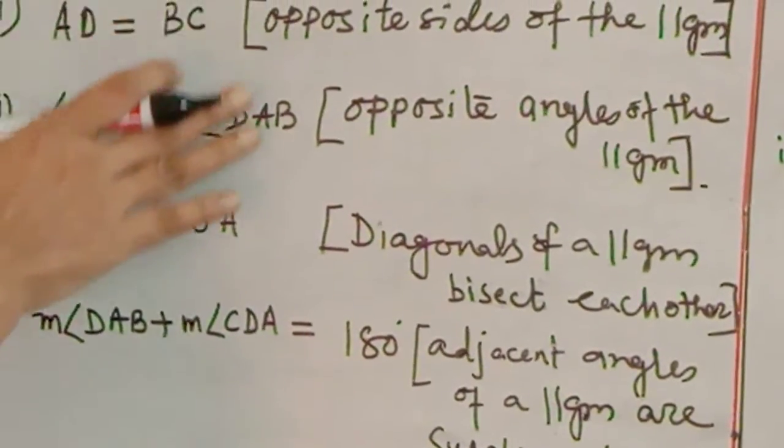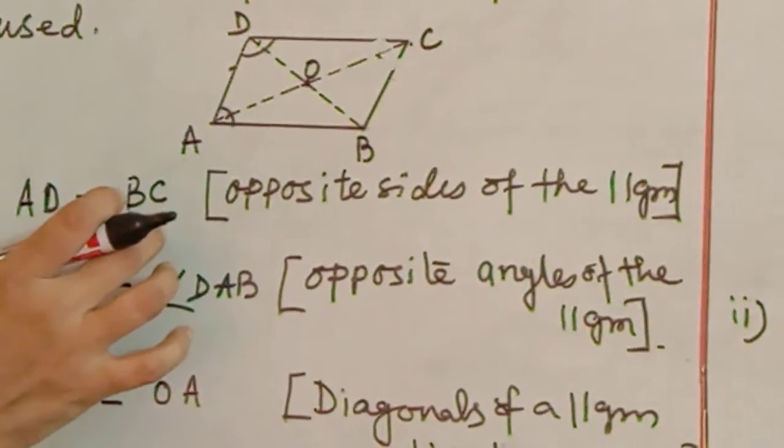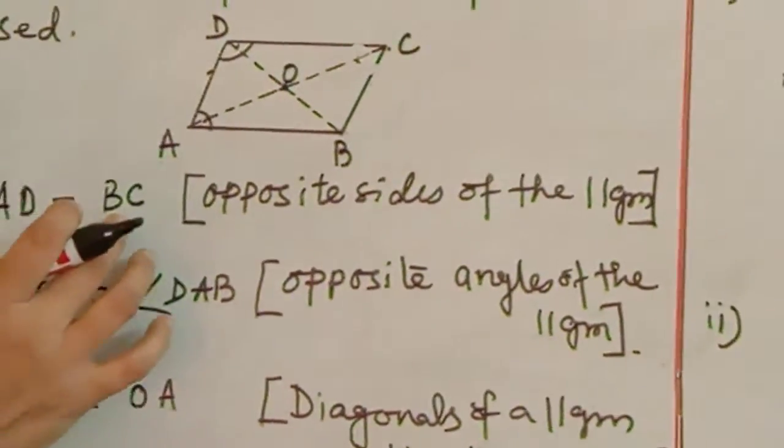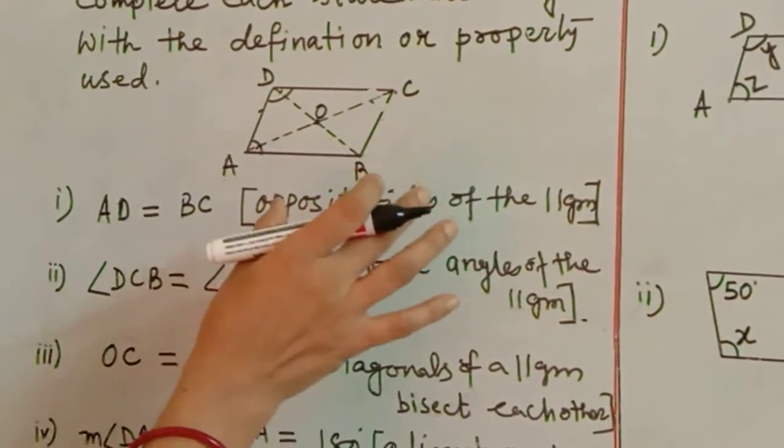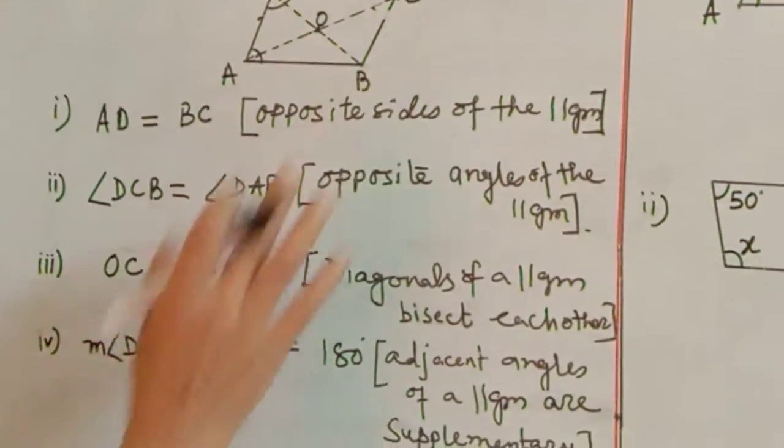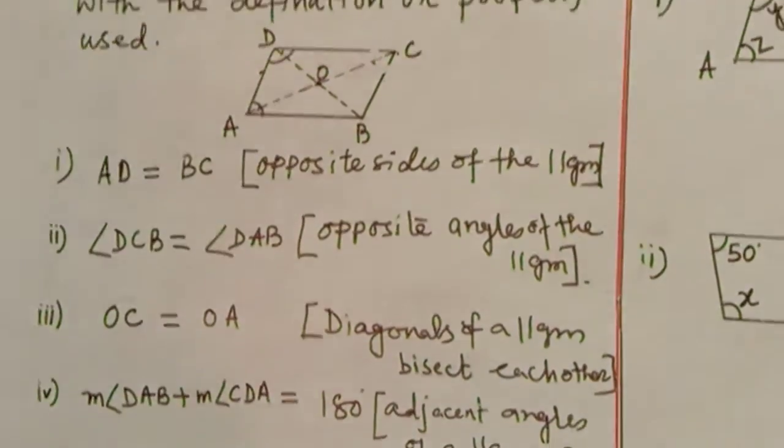Whenever you are giving this, for the blank portion you have to write the reason here, because in the question also it is given.